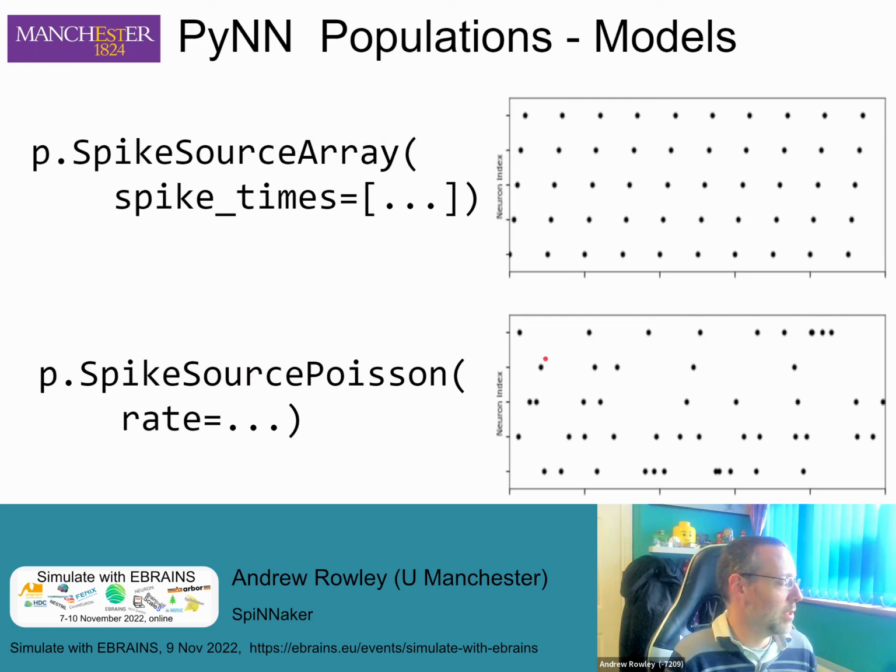Similarly, there's a spike source Poisson, which has the same sort of thing. You can specify a rate for the whole population, for every neuron in the population, or you can specify a rate that is different for each neuron. Entirely up to you. And a Poisson basically just means it's going to be more random with a Poisson generation pattern, which is a common input type in neural networks. Very useful.